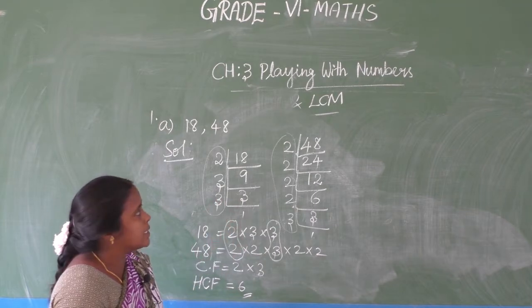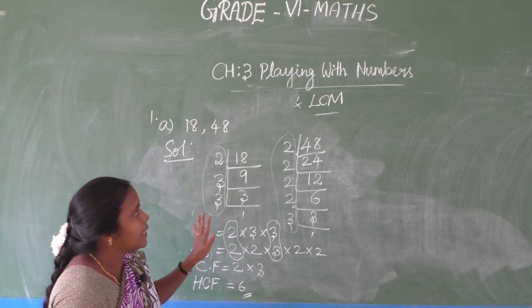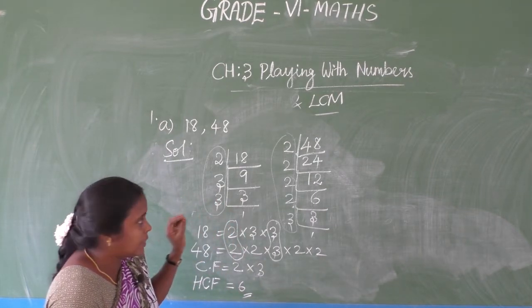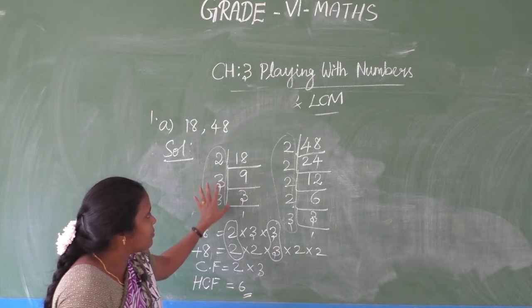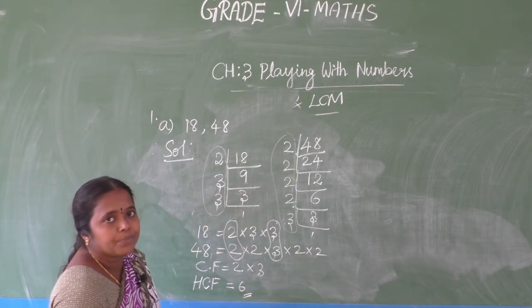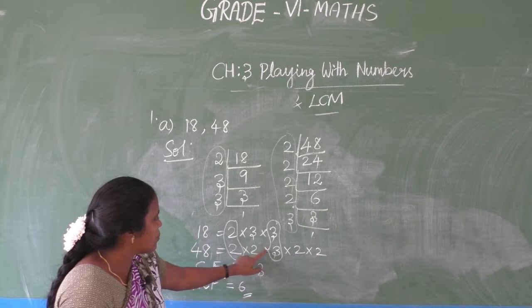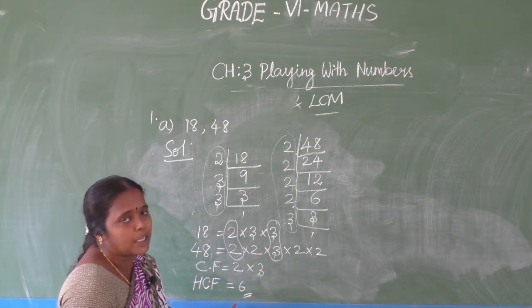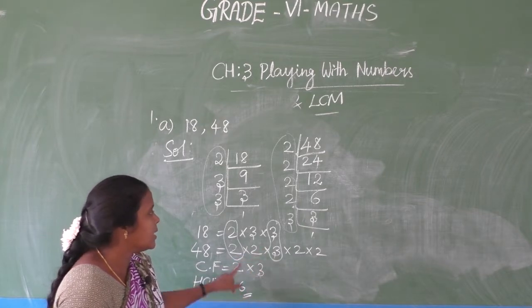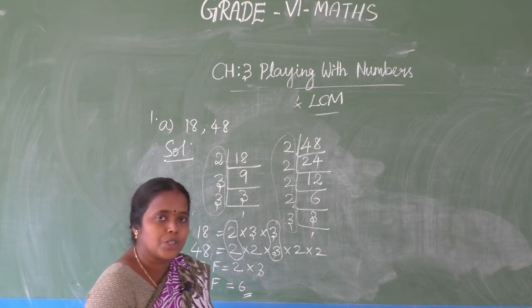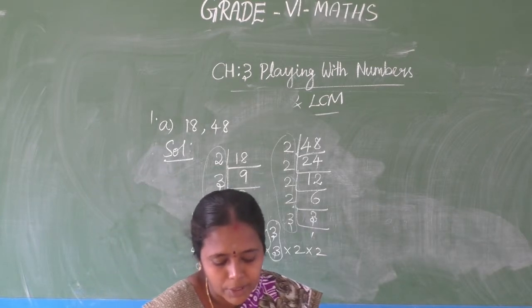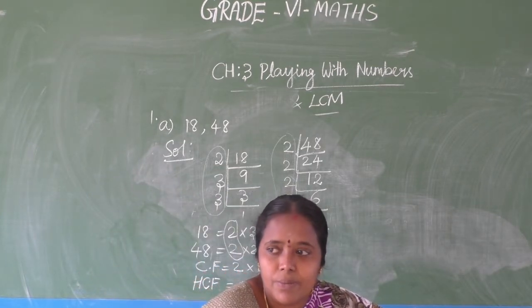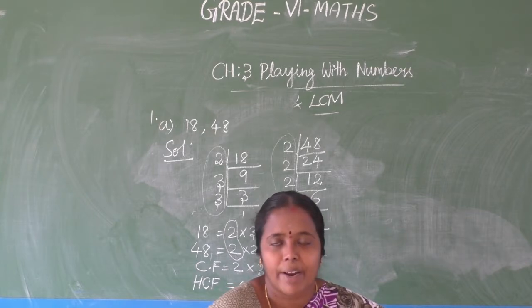Clear, children? That's all. How to find HCF means nothing is there. First of all, find the prime factors of the given numbers, select the common factors from them, and then multiply them. The product is the required HCF. Understood? So what do you mean by the word HCF? HCF stands for highest common factor.